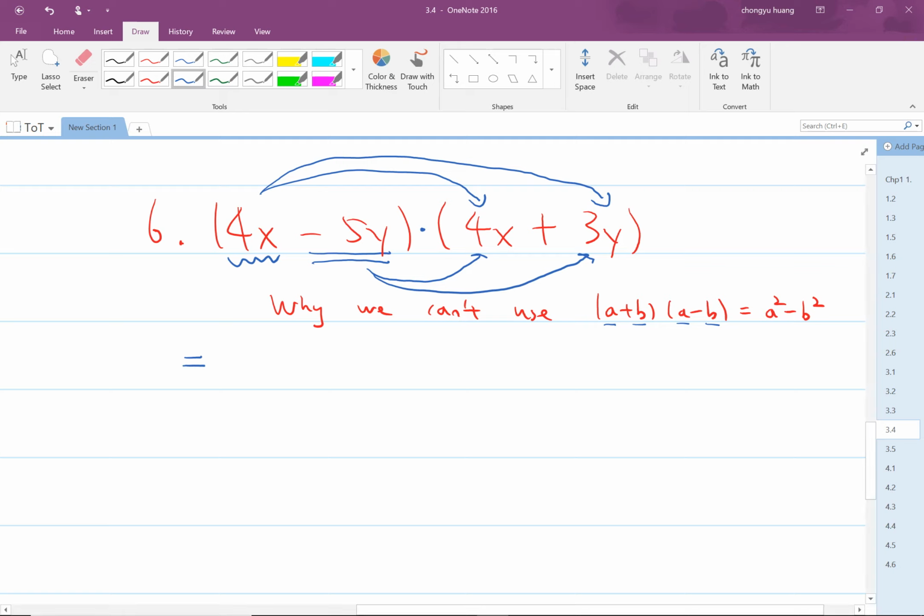Okay, so for now you just try to focus on this side. We're trying to multiply the left hand side to the right hand side. On the left hand side we have 4x minus 5y.